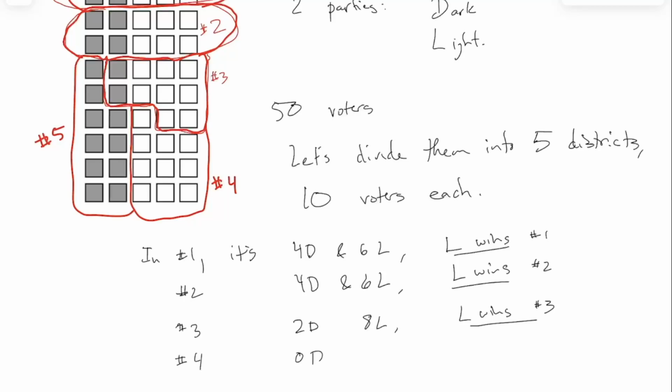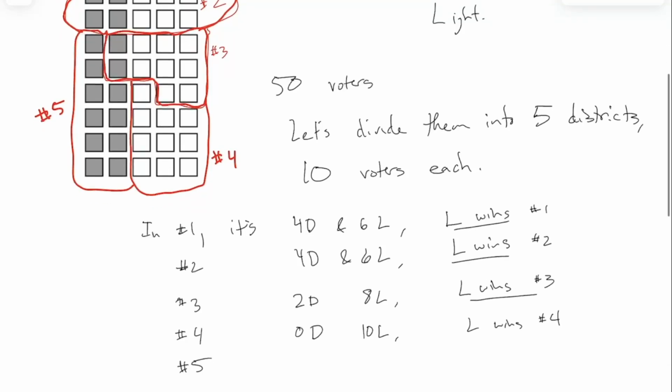So there's 0 darks, 10 light. So L wins number 4. And number 5, it's all dark, right? So this is 10 dark, 0 light. So the darks win number 5.